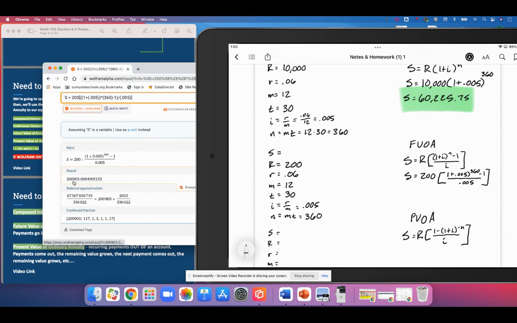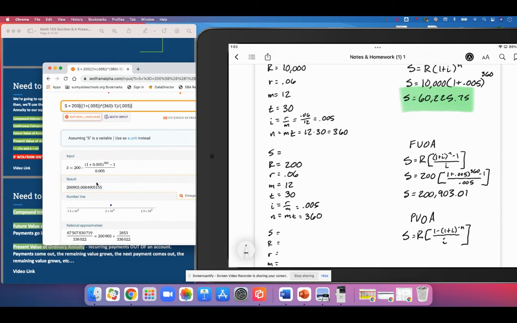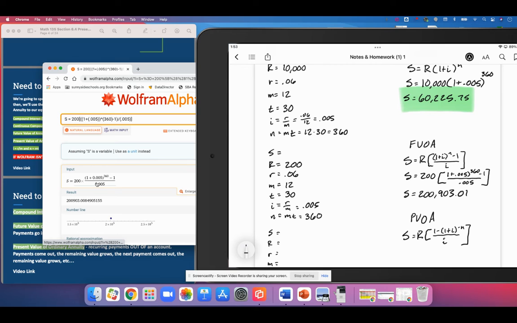And this is going to grow, everyone, to be $200,903.01. Okay. Just checking to make sure everything looks right. It looks like it does.